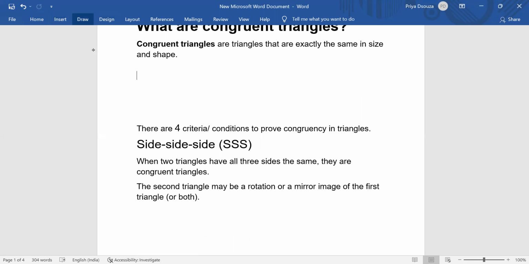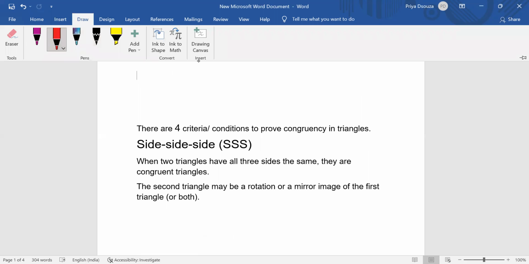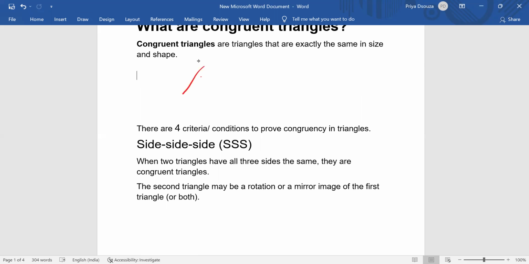If I'm going to talk about congruency in a more formal manner, let's say I'm drawing a rough sketch, just to make you understand. If I have two triangles, let's say CAT and DOG, and I say that the two triangles are congruent, the symbol for congruency is this.